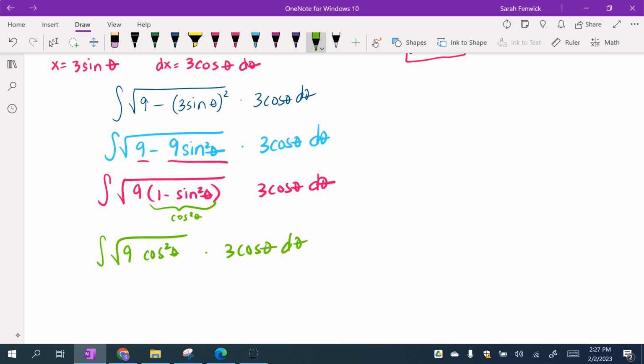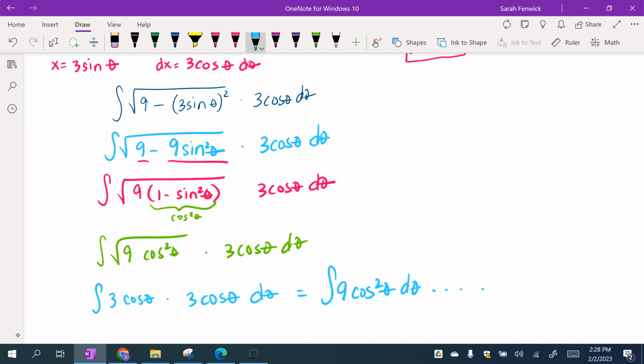We take our square root and have the square root of 3 cosine theta times 3 cosine theta, which is the integral of 9 cosine squared theta d theta.